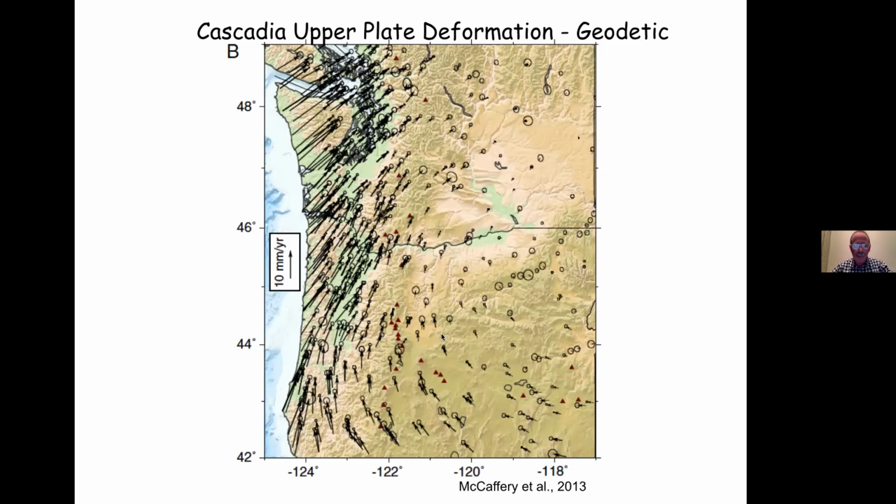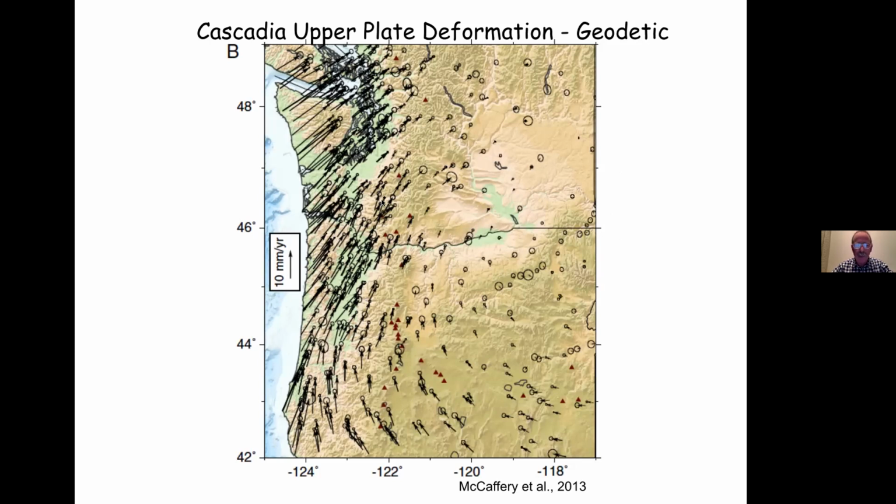What that means for the kinematics of the northern part of the Basin and Range, which is down here as illustrated by the classical Basin and Range topography, is that there is a change in the style of deformation as you go from the south, where crustal velocities within the North American plate are moving north and west, to the middle part of this arc, where velocities are moving largely to the north.